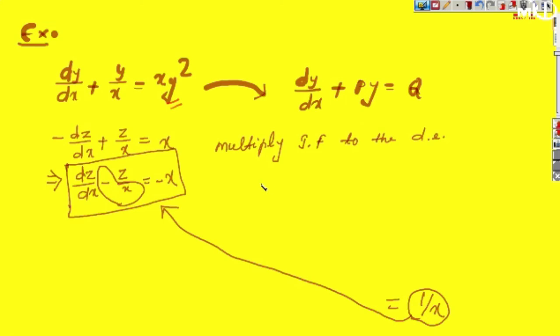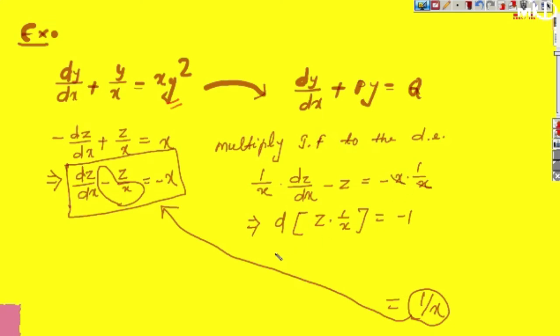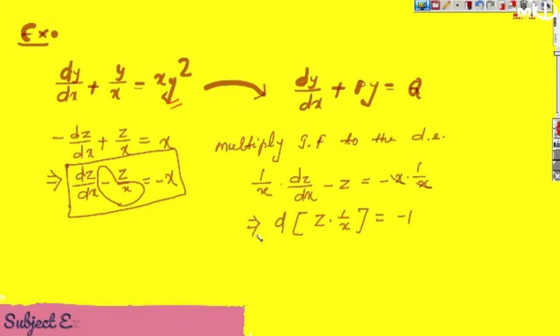So it becomes 1 by x dz by dx minus z by x squared is equal to x into 1 by x. So now the left side becomes the differentiation of z into 1 by x is equal to, here x and 1 by x cancel, that is equal to 1. Now integrating both sides.